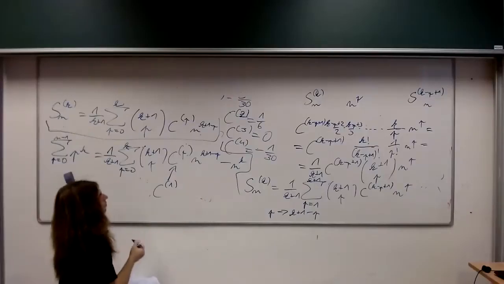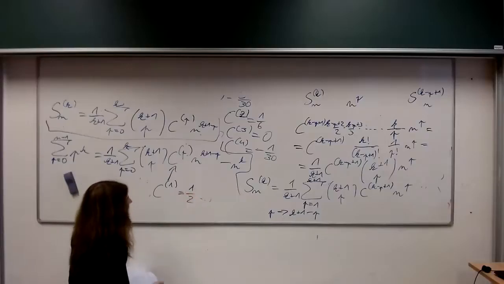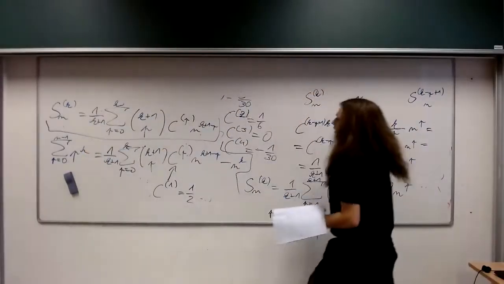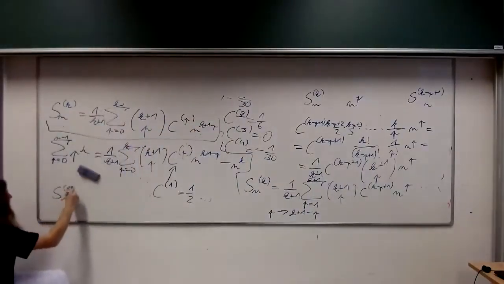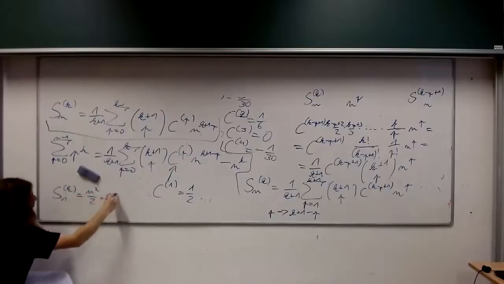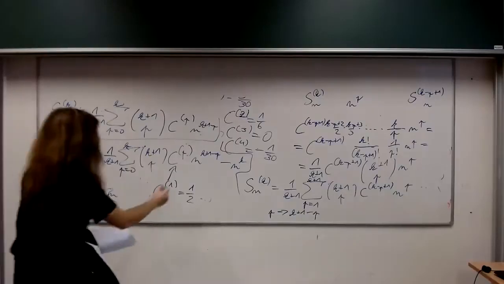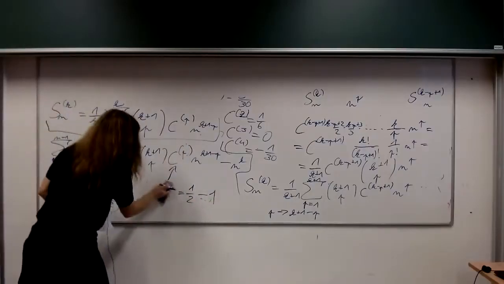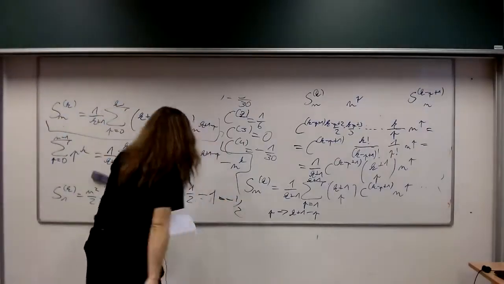And since the c_1 is 1/2, which we can see if we just repeat the formula that goes in the kindergarten, so here we have the plus 1/2. And now we subtract the 1. And we get something a little bit different, which is minus 1/2.